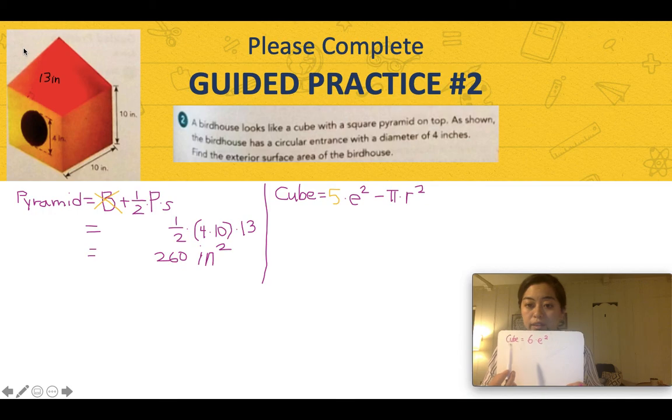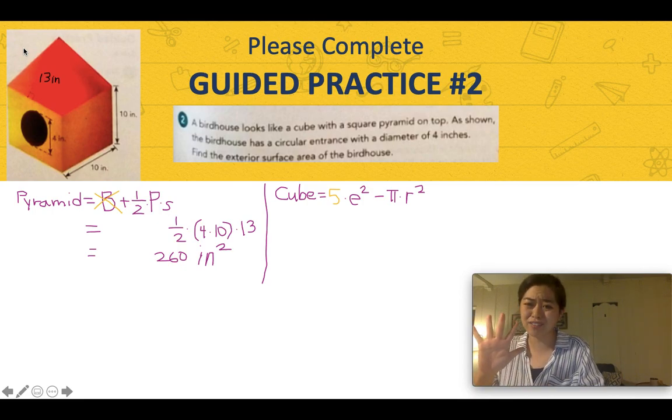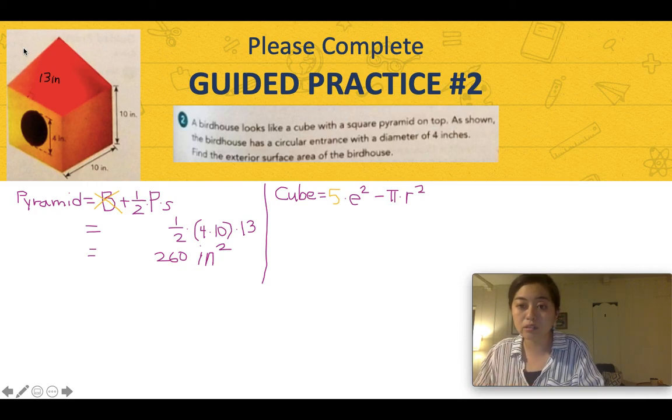And the area of each face is the edge times the edge. But look at the top face of the cube. Is it counted? It's not counted, right? Because it's not counted, only 5 faces of the cube are counted. So that's why for the cube, I wrote 5 times E squared instead of 6 times E squared.